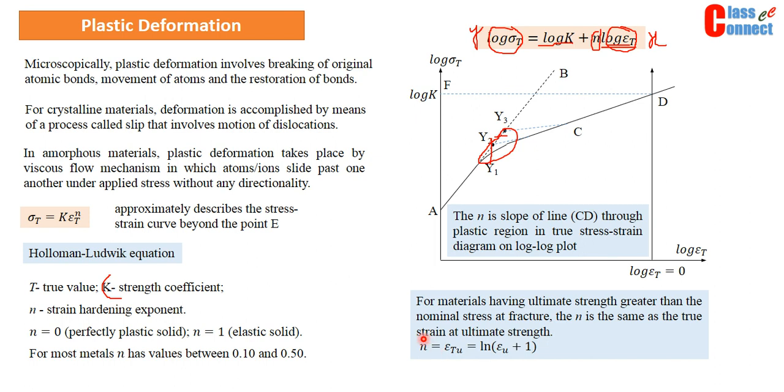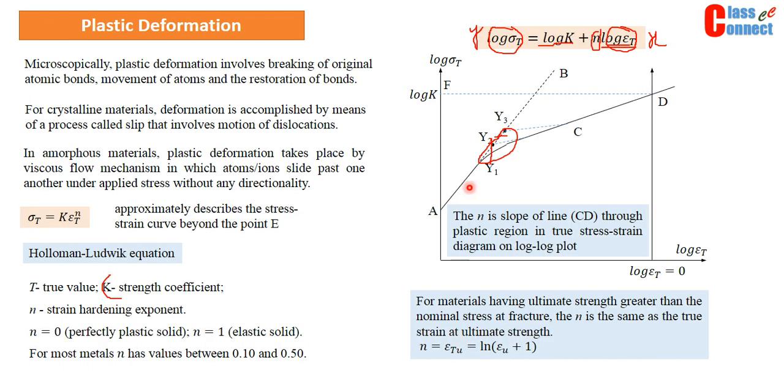It means the strain hardening exponent is equal to the value of true strain at the ultimate point. This is a very important aspect that we use in designing and in many analyses, that we can find the value of the strain hardening exponent through the engineering stress strain curve.